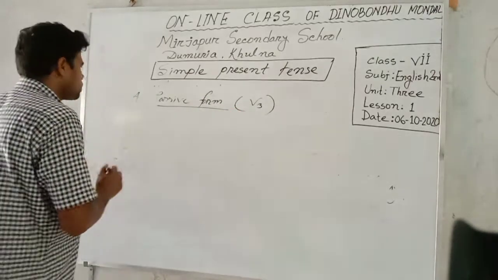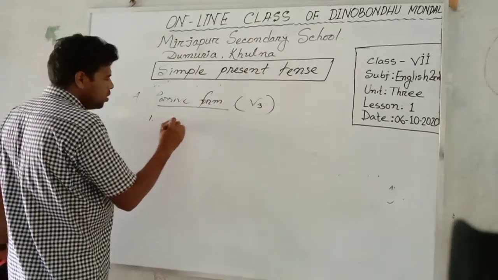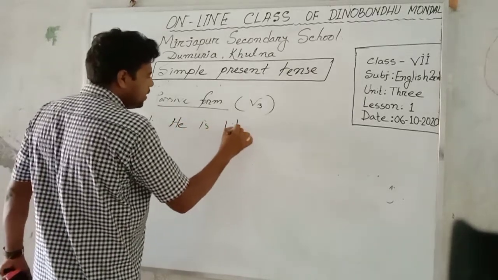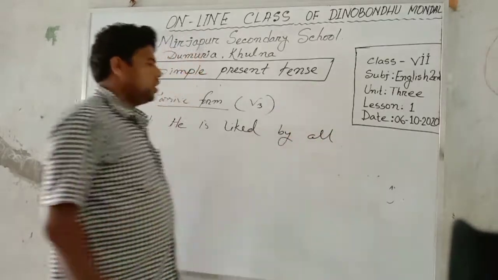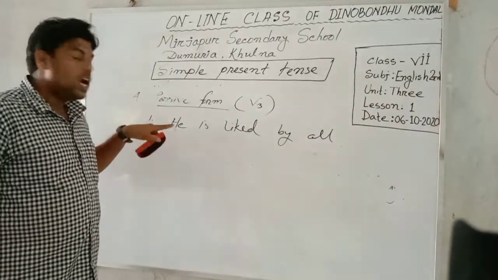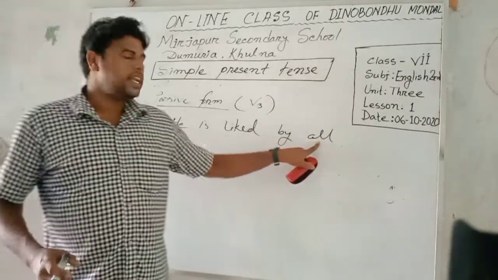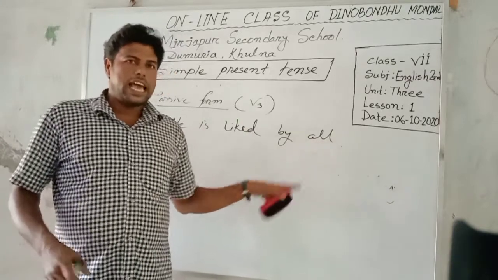For example, he is liked by all. Here the objective one is more important than the subjective one. So it is used as a passive form.